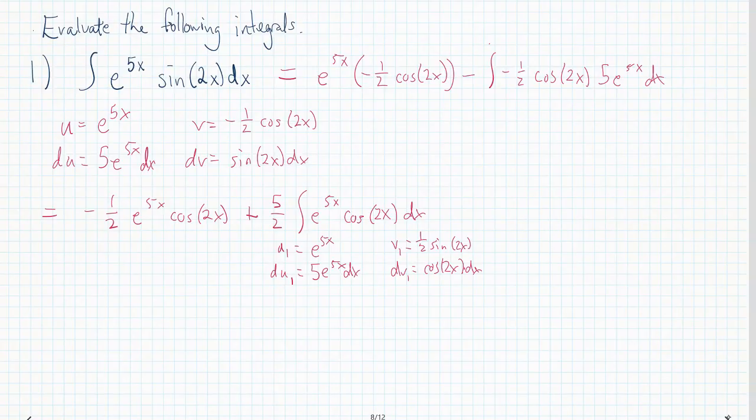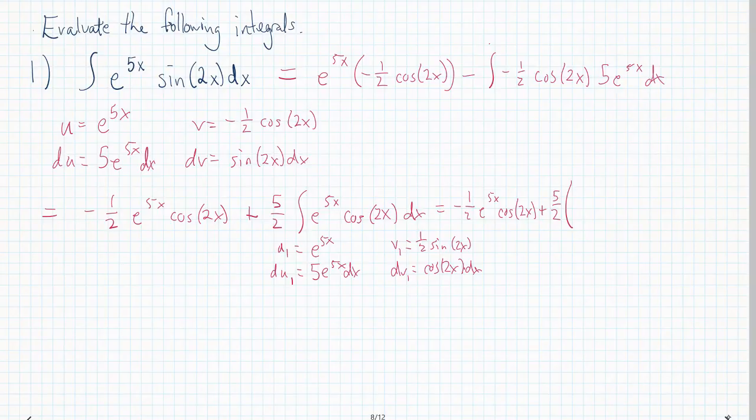If you don't see that, you can use a u substitution and hopefully get there. Good practice for you in terms of what happens. So this becomes the negative 1/2 e to the 5x cosine of 2x plus 5 halves, and now we'll have a new integral.